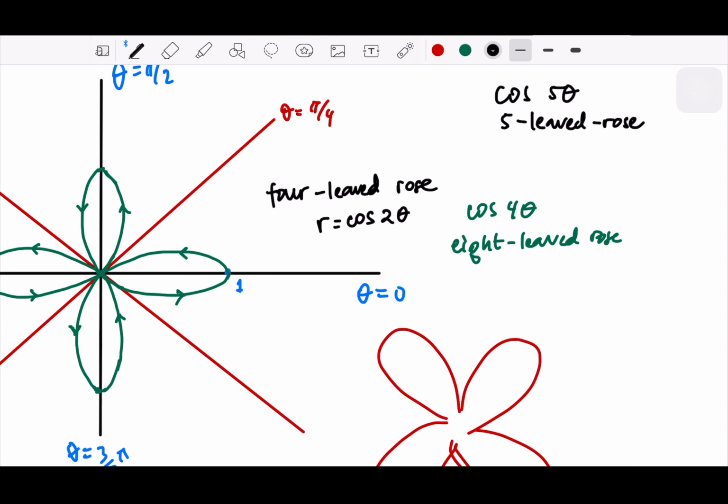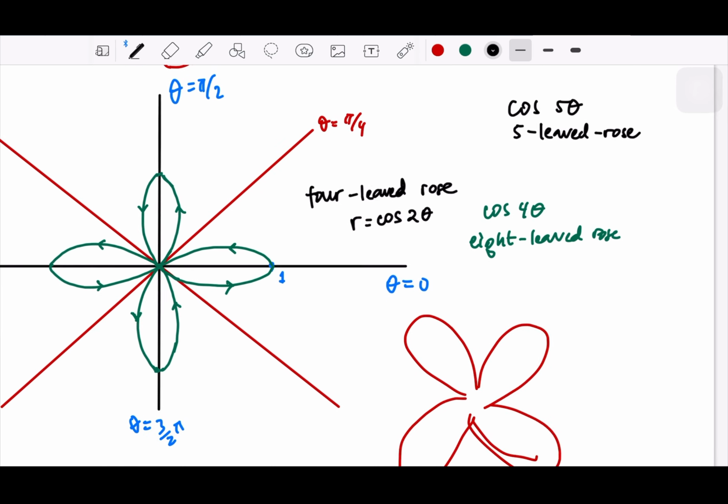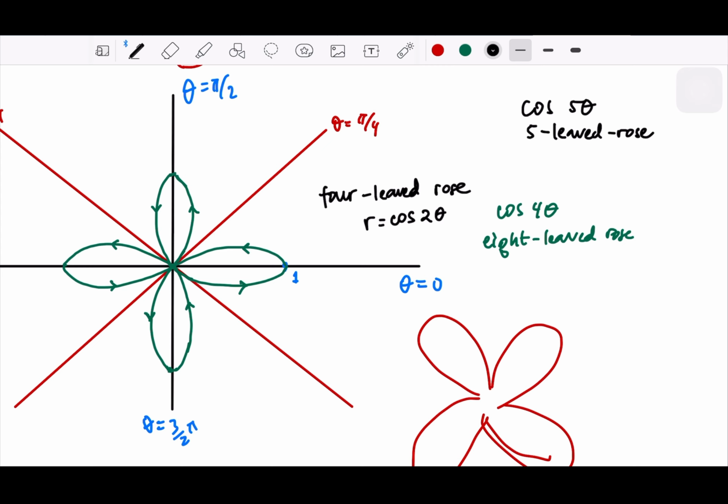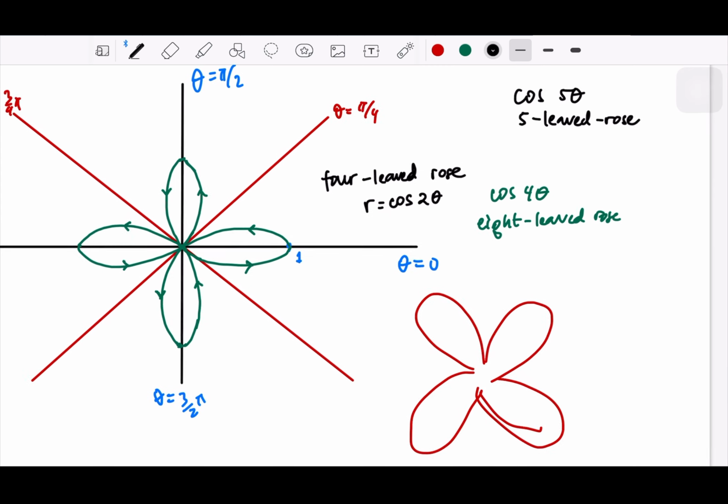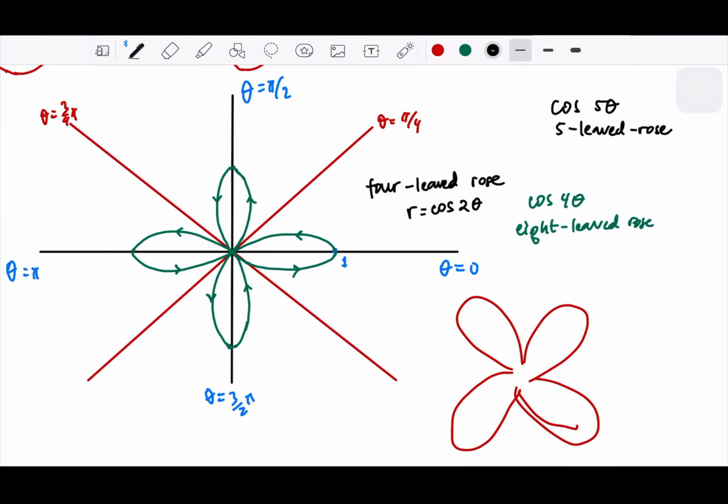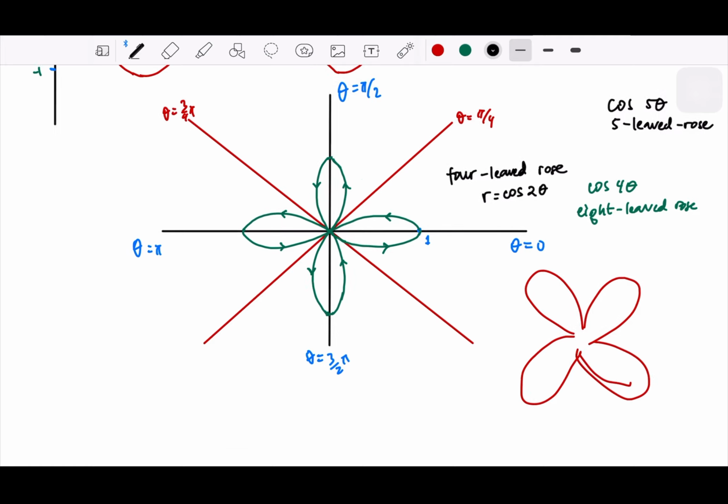So for every odd number, it will be 3, 5, 7. But if it is an even number, it will be 2, 4, 8, 6 also. Okay, but that's not really that essential in our class. But at least you know how to get the curve.